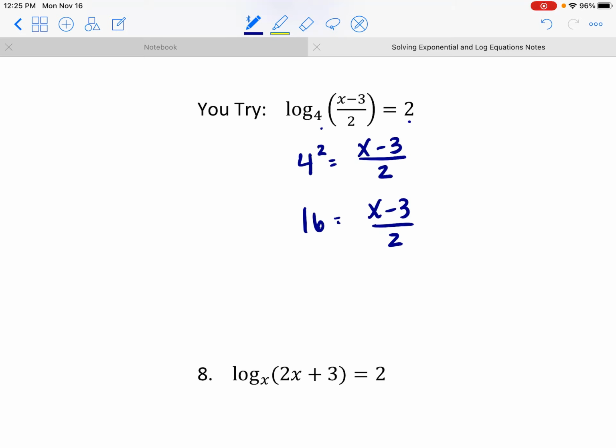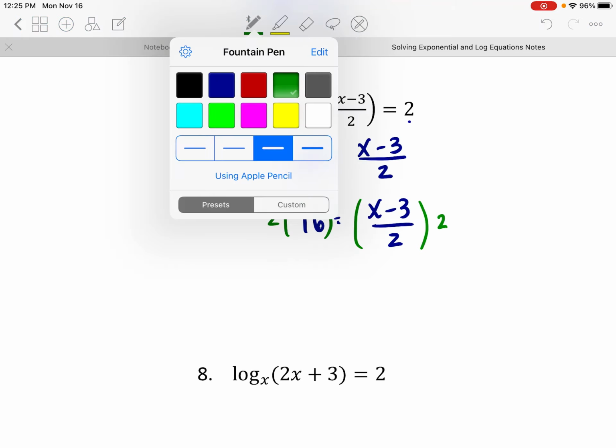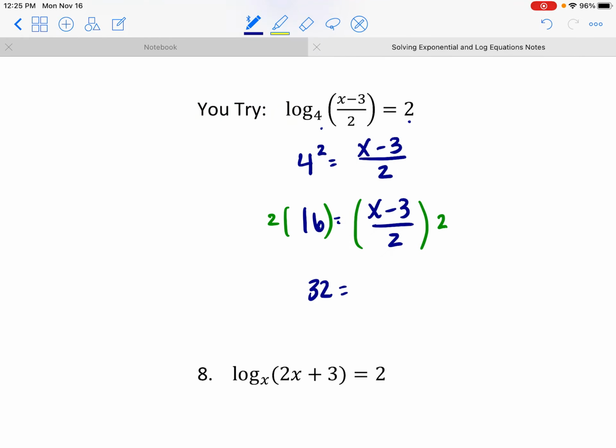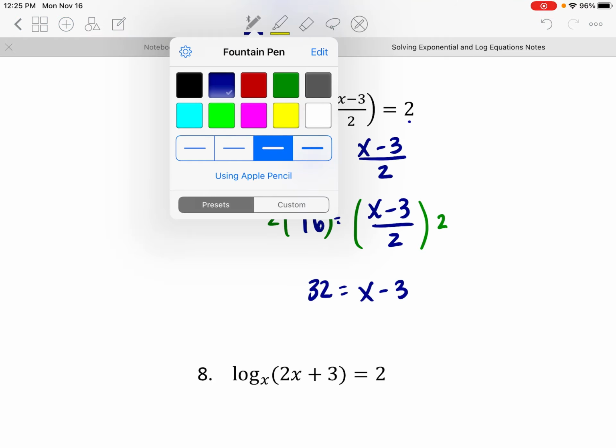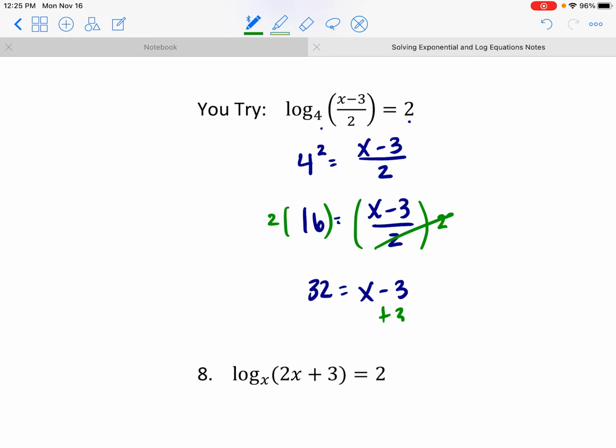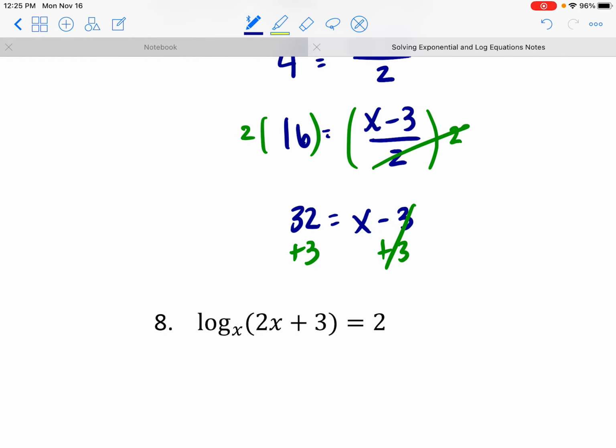And then to solve from here, I would get rid of the divide by 2 by multiplying both sides by 2. So now I'm left with 32 equal to x minus 3 because these cancel, right? And now I can add 3 to both sides, which tells me x has to equal 35. So 35 equals x is my solution here.